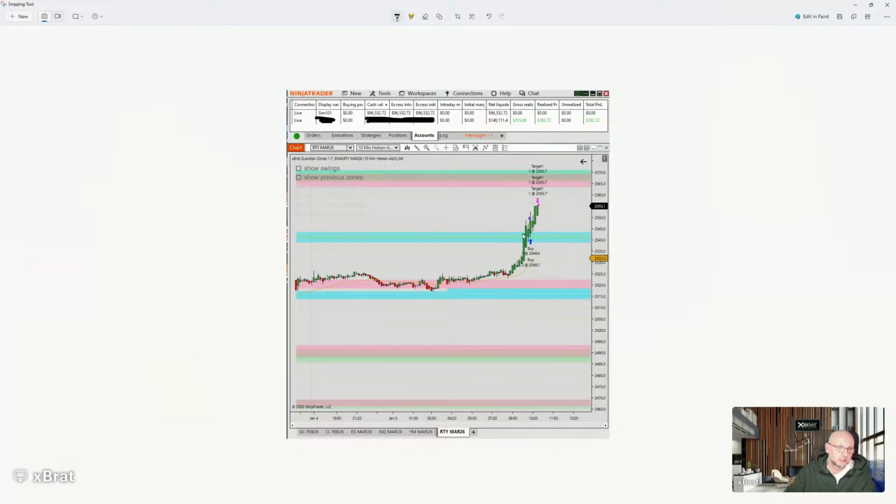My bias was bullish. I was looking for reaction to data which was above this previous pivot here. You probably can't see my cursor, so I'm just going to highlight it. This pivot here, you see the blue arrow, that's where I got it.